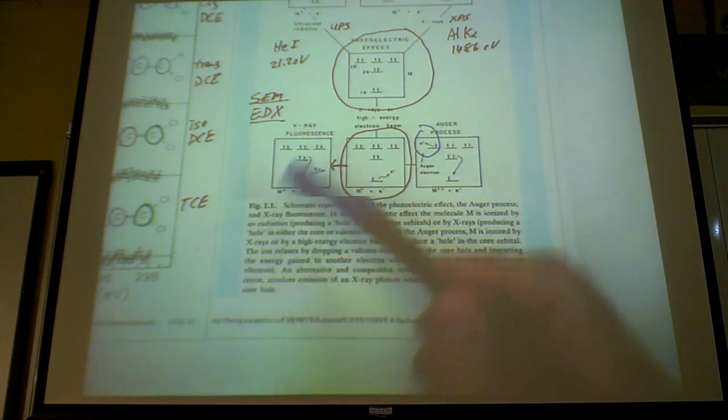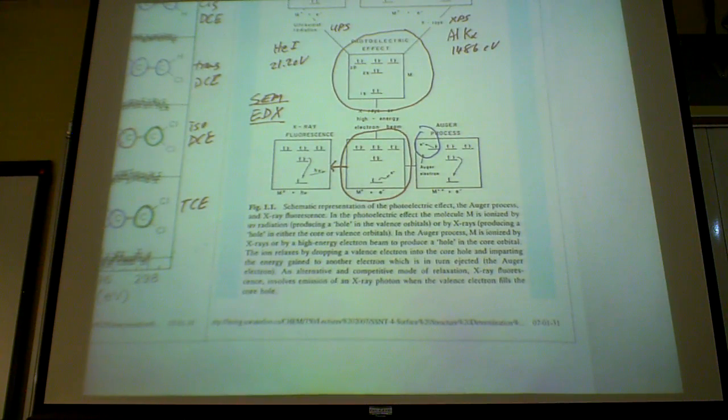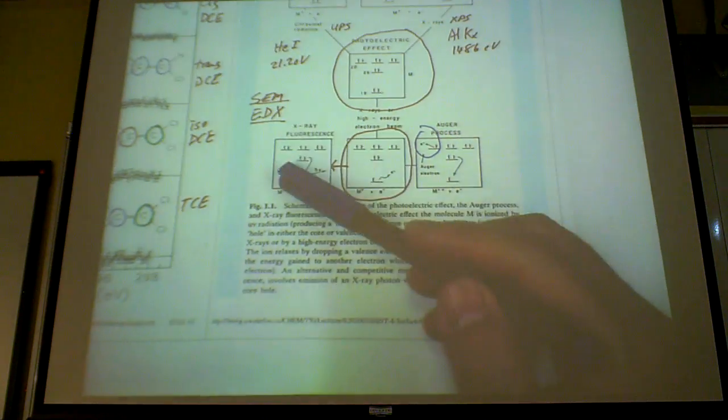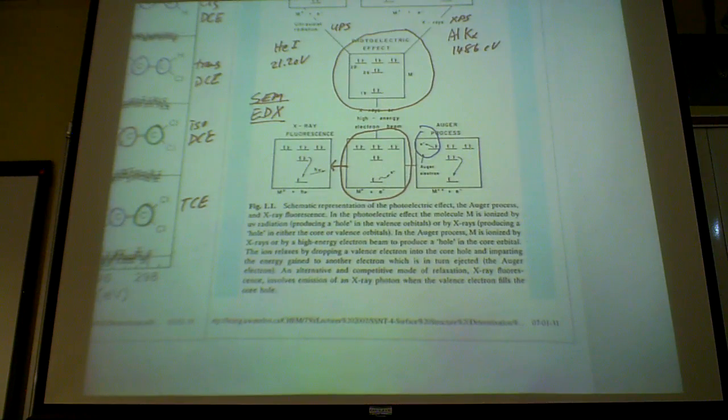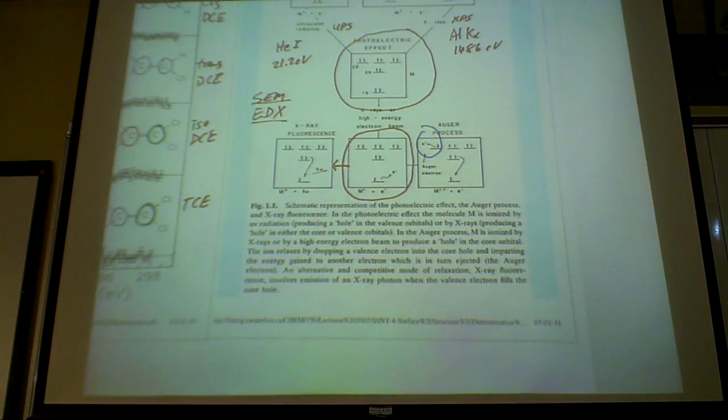And of course, this X-ray photon that is emitted can be used to identify the element. So this is how SEM, a nano imaging technique, can inherently be used as a way to do elemental analysis using X-ray fluorescence.